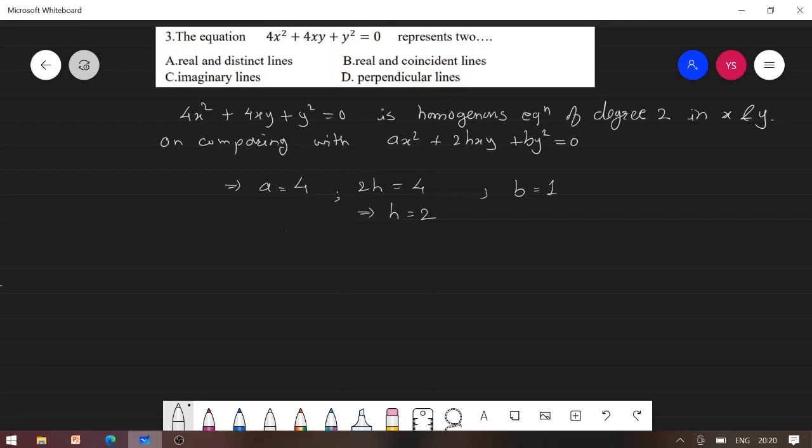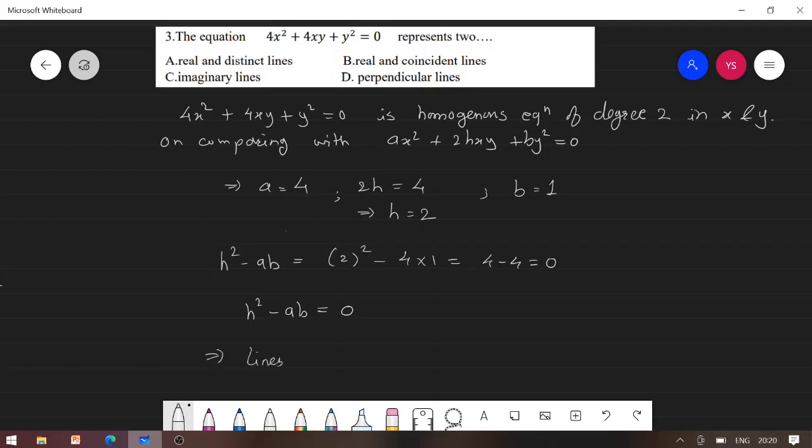So try to evaluate now h square minus ab. We have 2 square minus a into b, 4 minus 4 becomes 0. So h square minus ab equals 0, that implies lines are real and coincident.